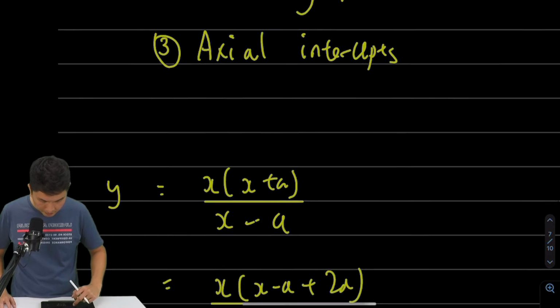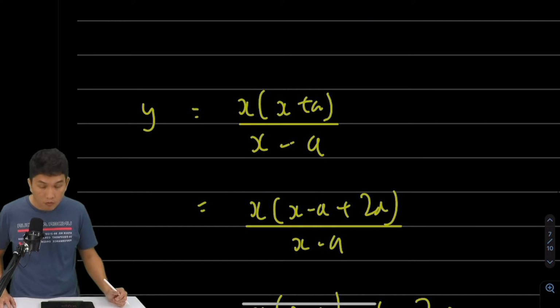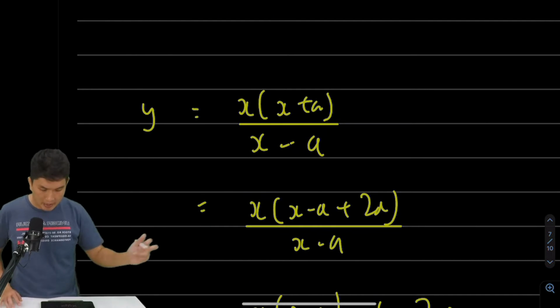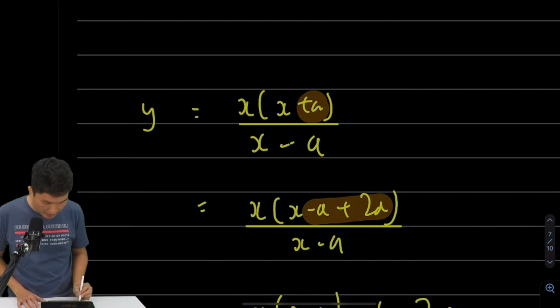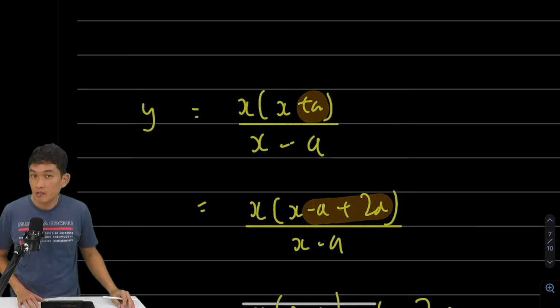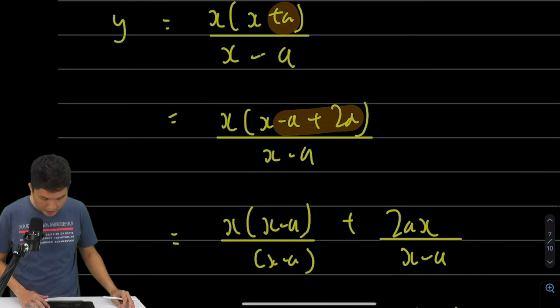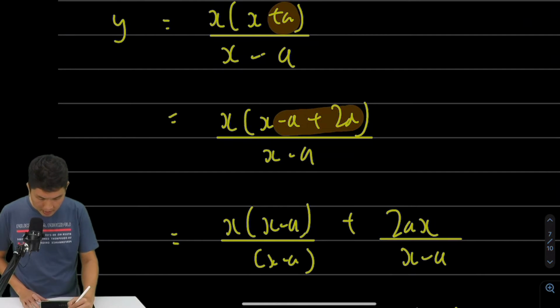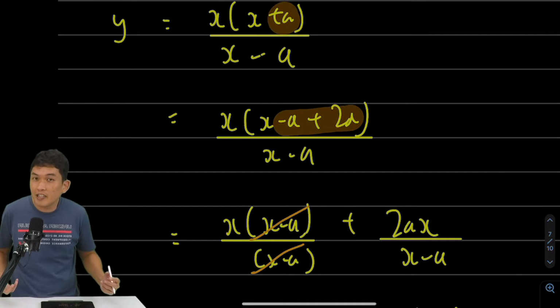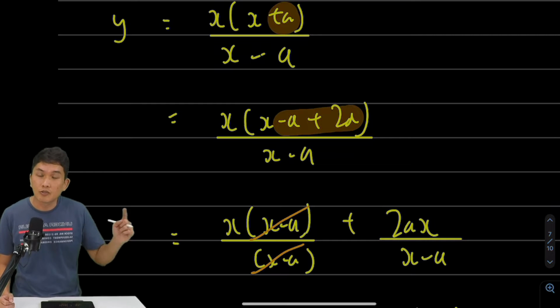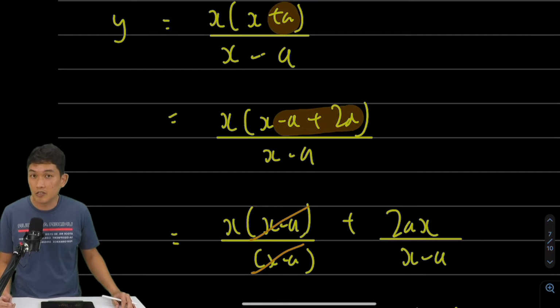This is what we can do. Starting with y, my next step is to make a simple substitution. I'm going to substitute a with negative a plus 2a. Now why have I done that? That's because I can write it as 2 separate fractions like this, and then I can cancel off x minus a. Yes, I was trying to force the x minus a to appear so that I can cancel it out with the denominator.